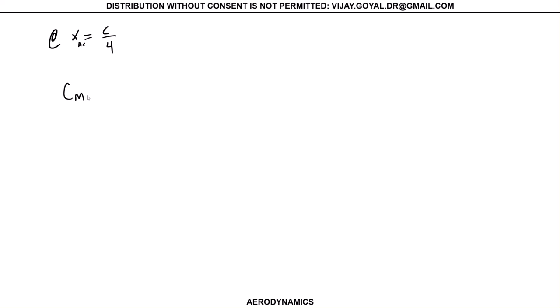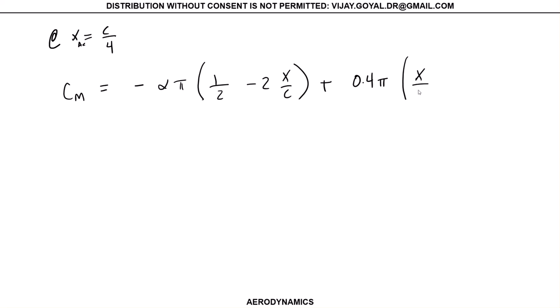Your pitching moment is equal to minus alpha pi times (1/2 minus 2x over c) plus 0.4 pi x over c minus this.